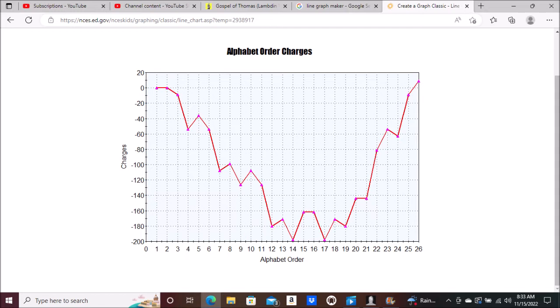As you can see here on the y-axis, the alphabet starts out uncharged at the letter A, uncharged at the letter B, and the fall occurs at letter C, where the word becomes ionized at C ion.